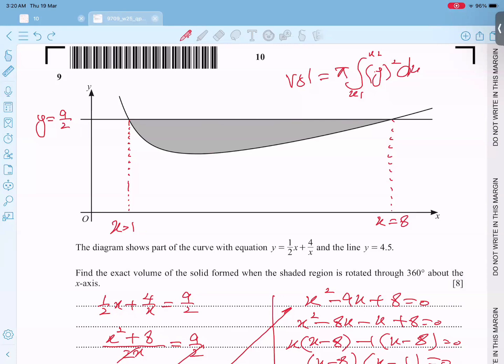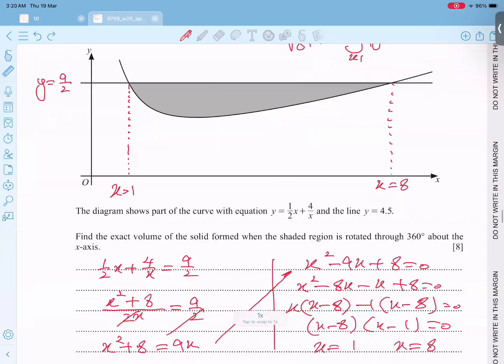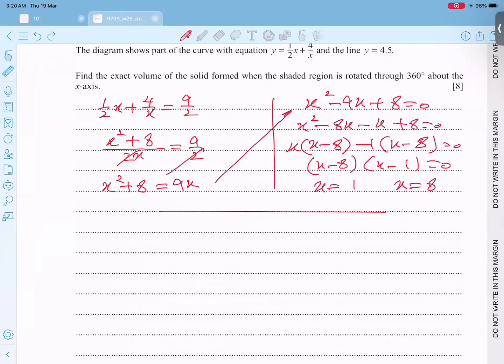If I rotate this line about the x-axis, I will get a cylindrical shape. If you want to see, you can see here, this is the x-axis, students. And if I rotate the line mentioned here about the x-axis, I will get this kind of cylindrical shape.